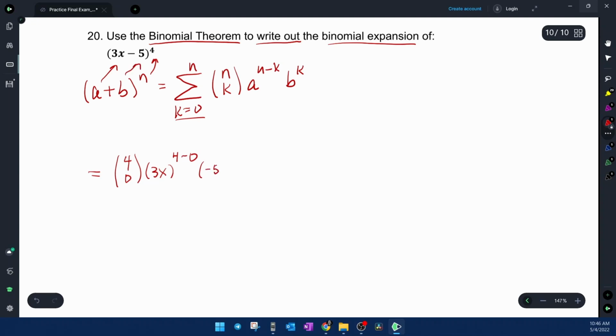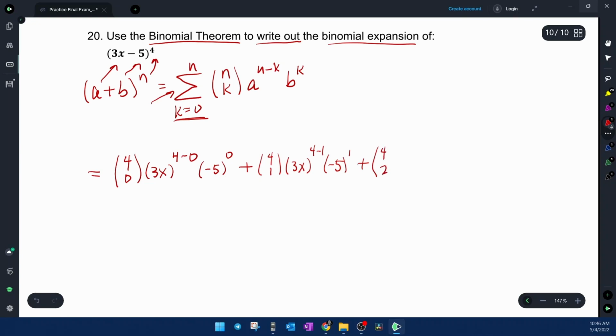That's going to be negative 5 to the k. And then we're going to put a plus because it is a summation. And then k increments. Next, 4 choose 1, 3x to the 4 minus 1, negative 5 to the 1. Plus, and then k increments.